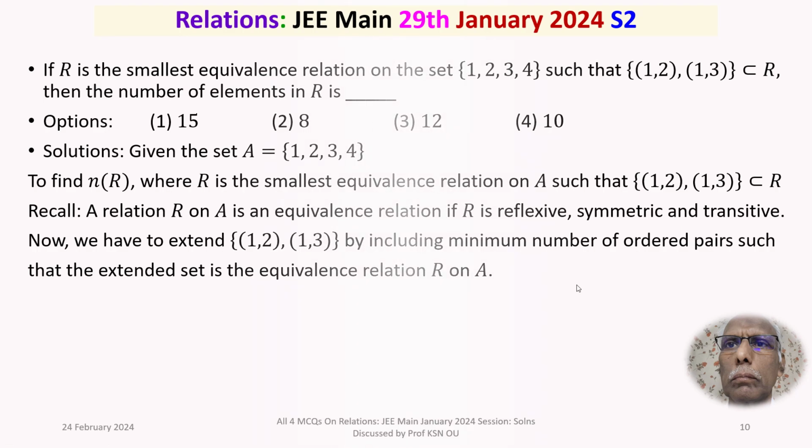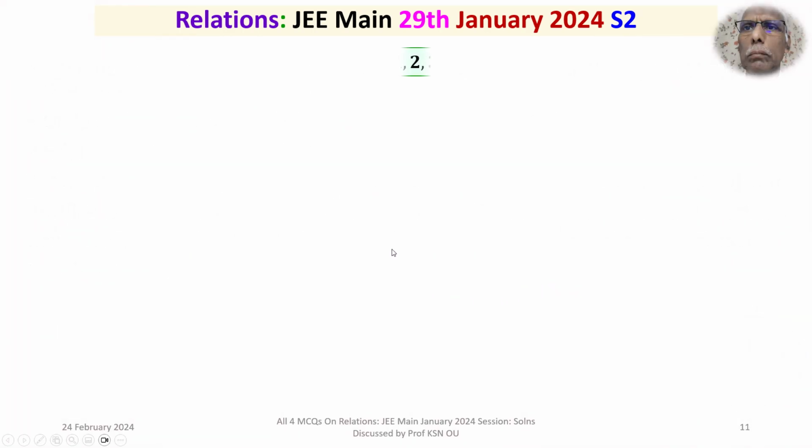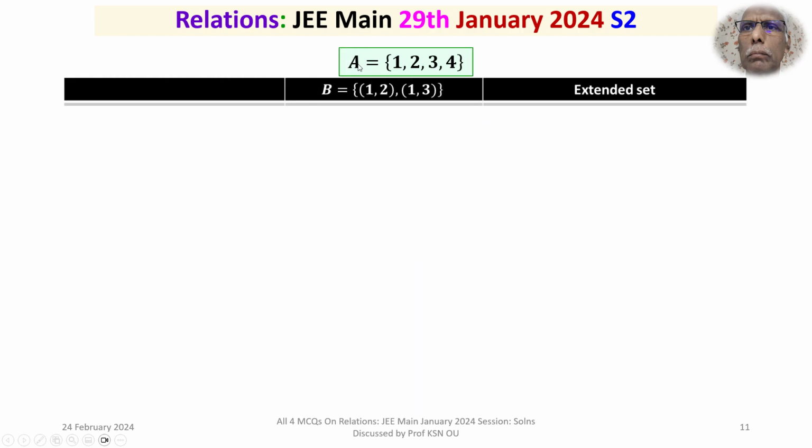So we will explain that with this table. A is the set {1, 2, 3, 4}. Let us say B is the set of ordered pairs (1, 2), (1, 3).